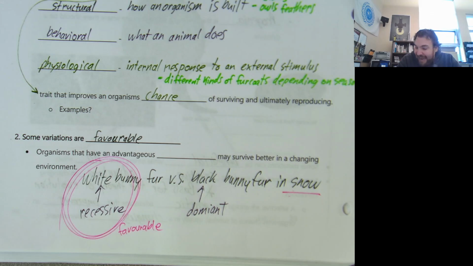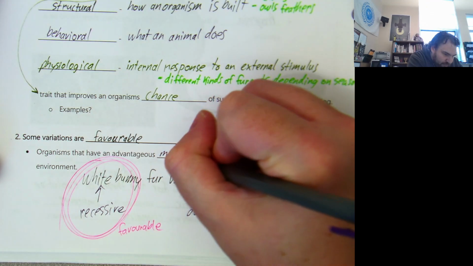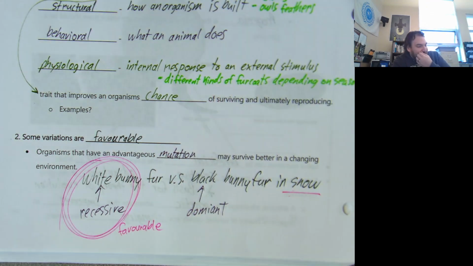Organisms that have an advantageous mutation may survive better in a changing environment. Again, this all comes back to the mutation stuff that we talked about last week. When you're ready, flip the page, and we'll talk about number 3.